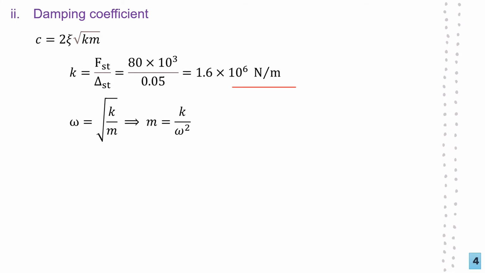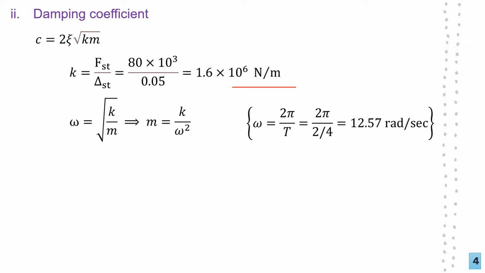Remember the circular frequency is given by the root of stiffness divided by the mass. So we can make m the subject of the formula, and again this is all based on the information that we have from the question.